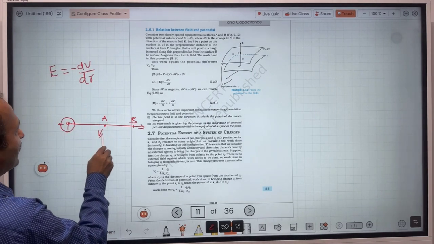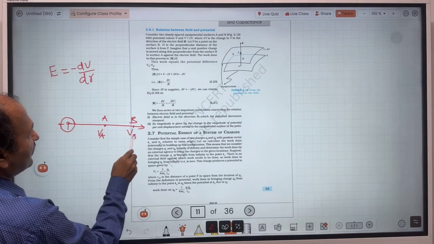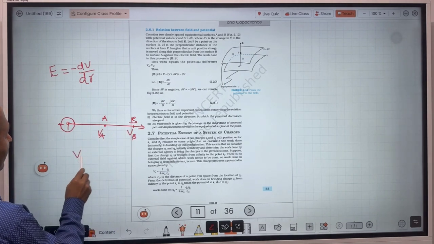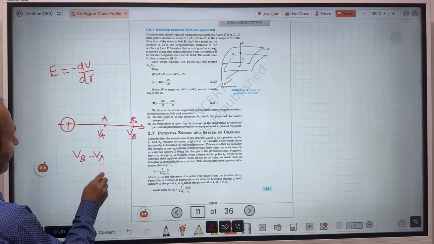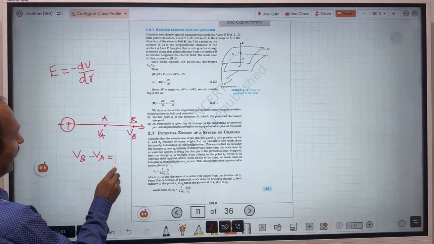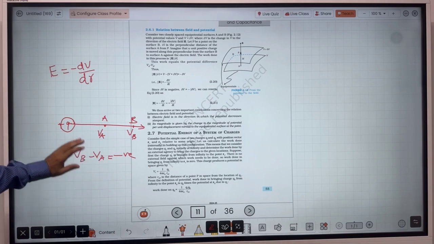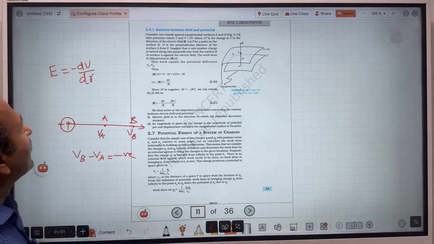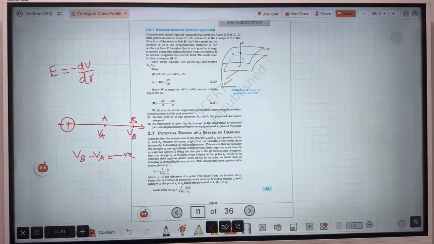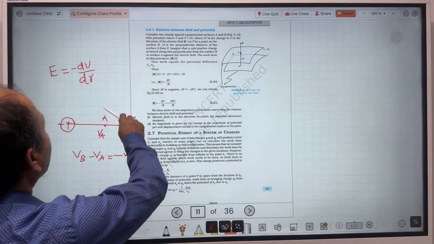So at this point potential is VA, at this point potential is VB. If you find the difference VB minus VA, you will get a negative value. It means potential is decreasing in the direction of electric field. So you can say that electric field is the negative gradient of potential.